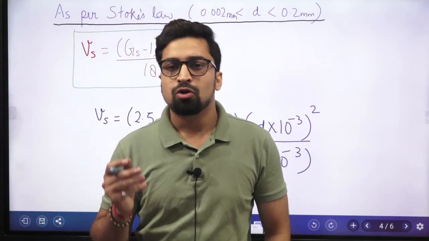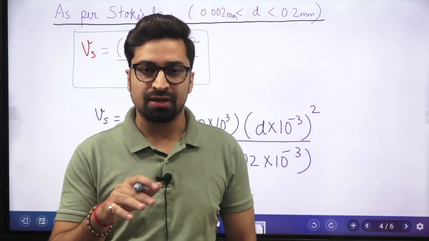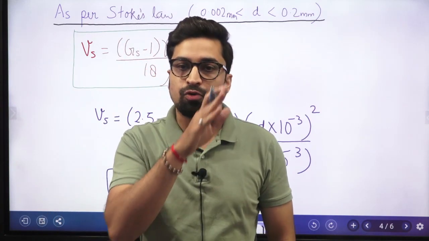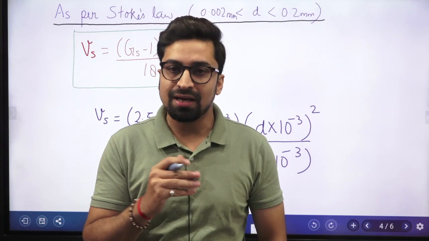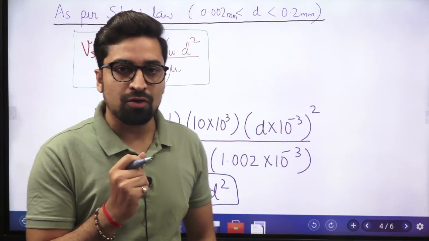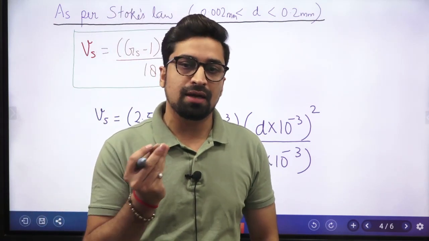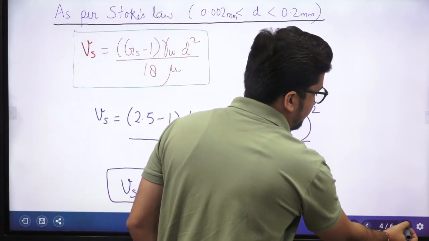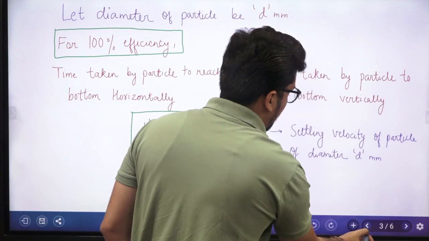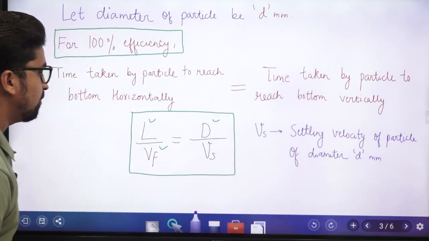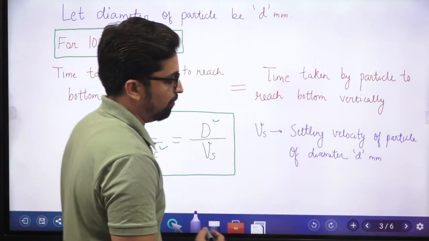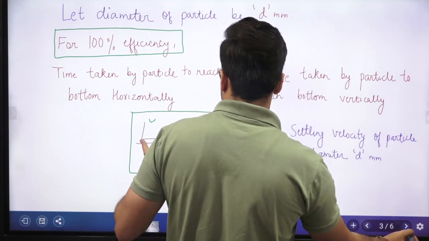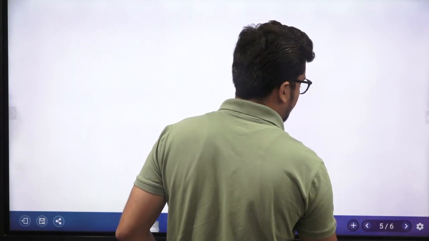Now we have also found the settling velocity of the particle. All we need is to put these values back in the relation of the time taken by the particle to reach the bottom horizontally and vertically, and equate them, and we can easily find the largest diameter of particle which can settle in the tank with 100% efficiency, right? So L is 9.5, so let us substitute the values.